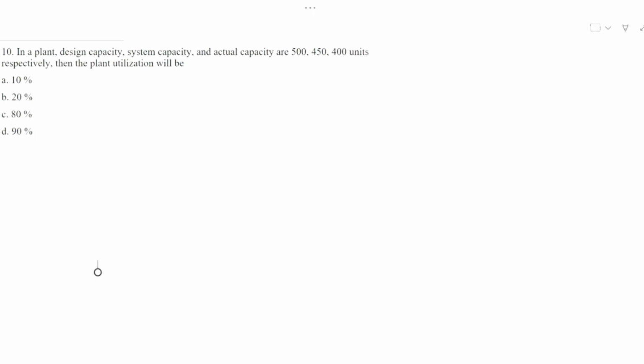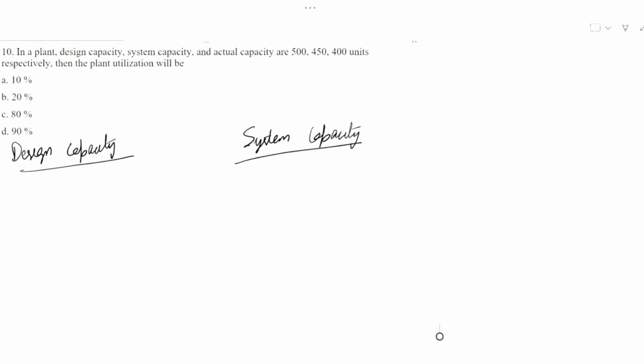Next question. In a plant, design capacity, system capacity, and actual capacity are 500, 450, 400 units respectively. Then the plant utilization will be. So in this question, first we will understand what is a design capacity, system capacity, and actual capacity.